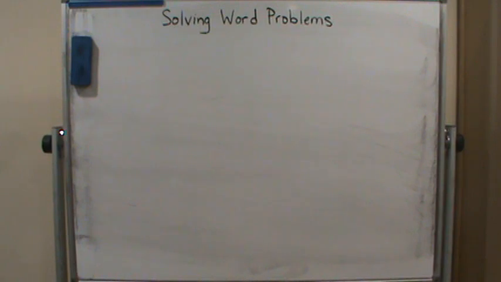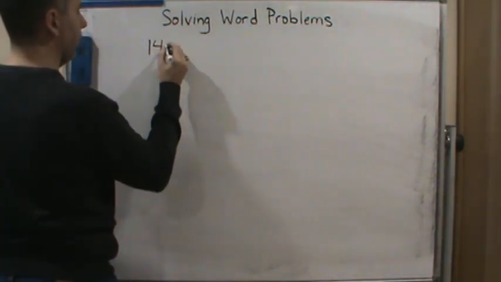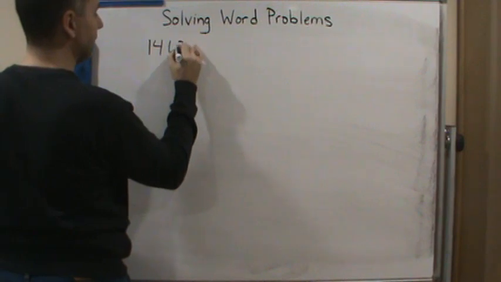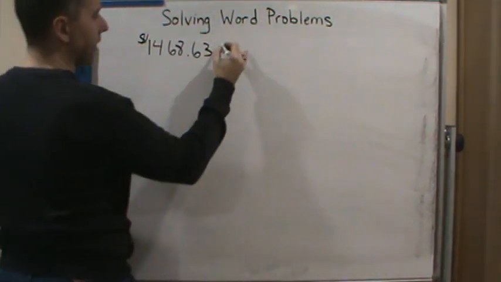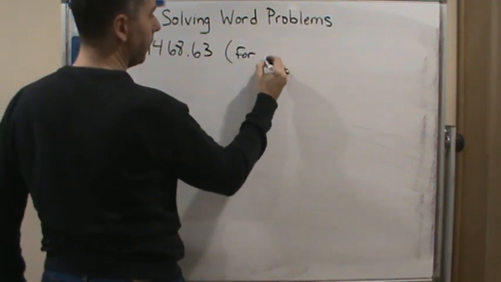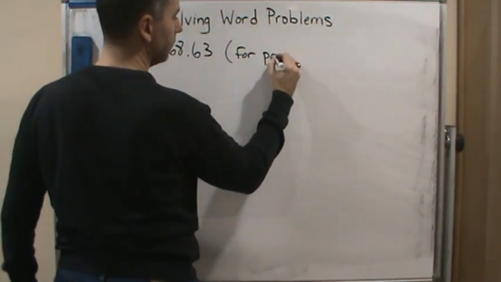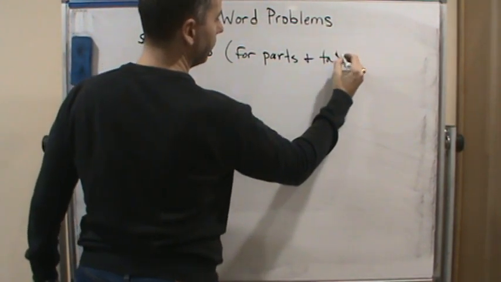Okay? So let's write down the information and understand what this means. So $1,468.63. This is the amount of money for parts and tax.